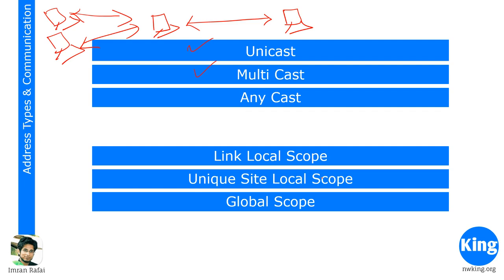And then there is another type that you don't see in IP version 4, called anycast. Now, what is anycast? Anycast is where you have multiple devices with the same IP address, and whenever you want to communicate with that IP address, the device that is closest to you sends you the reply, right? So on the internet, like we already have CDN, content delivery network.